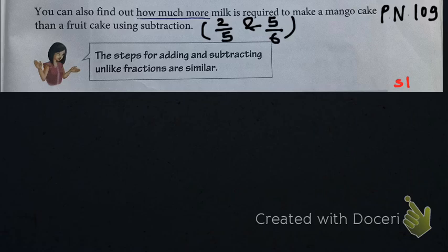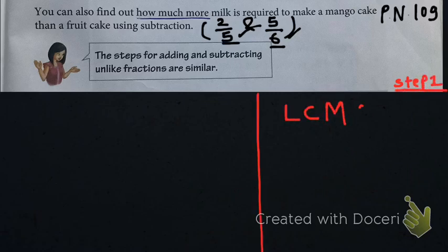So the first step for subtracting is we need to find their LCM, because here you can see that 5 and 6, both denominators, are different, so we cannot subtract them until we make them equal. We have to make denominators equal. So first we need to find the LCM. So let's do that.